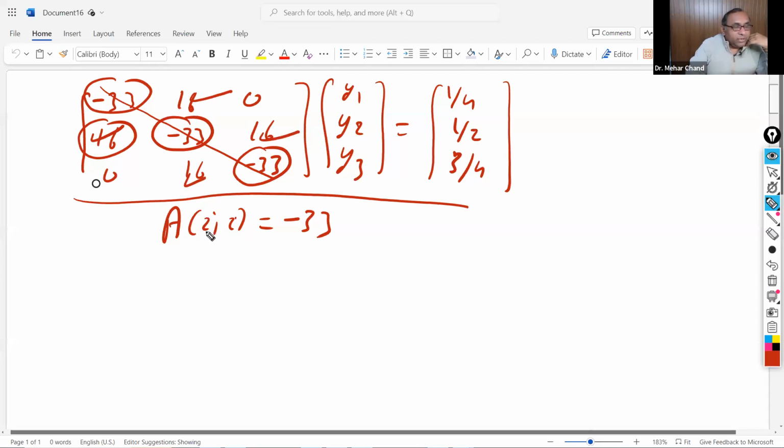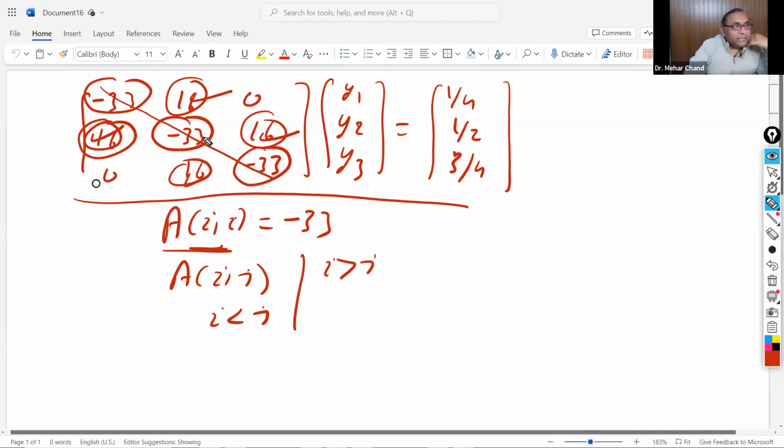In MATLAB, we are using it in this way. If i and j, and i is less than j, then we have this element and this element. When i is greater than j, then we have this element and this element.